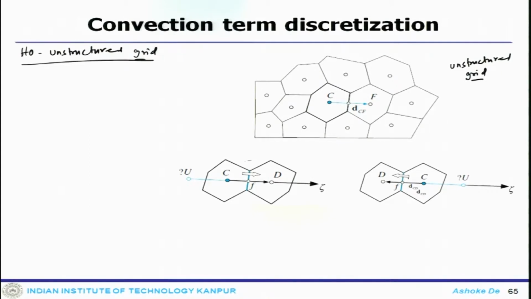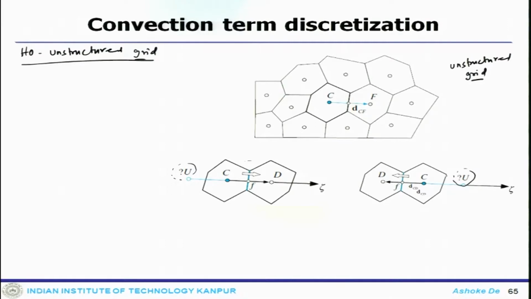So, what is important is how to find the information at the upstream node if the face velocity is in this direction, and when the velocity is in this direction, how to find this point. For structured systems this was easy to find, but unstructured systems require some sort of involvement.